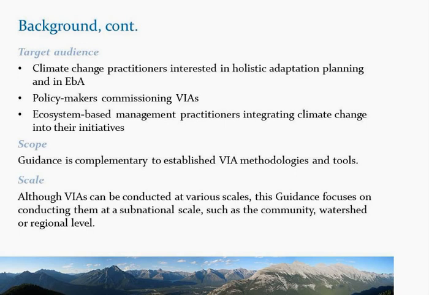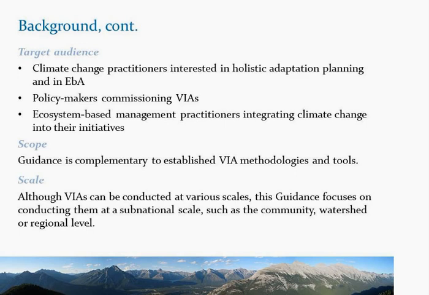The guidance was intended to be complementary to the established VIA methodologies and tools, and so it is not intended to repeat all the steps or to provide in-depth guidance on all the steps that need to be carried out for vulnerability and impact assessment, but it's rather focused on what would you do specifically at each step to make sure you are fully covering ecosystem-related concerns.